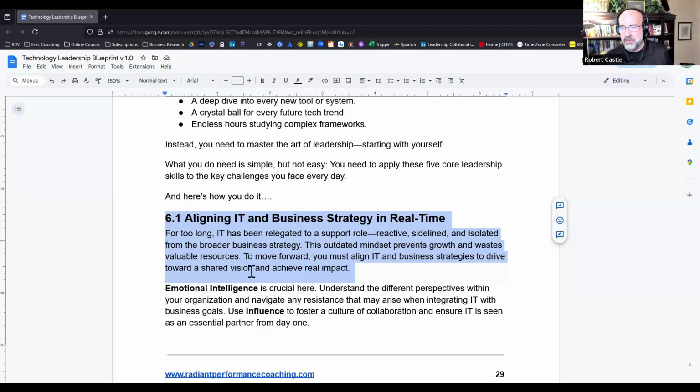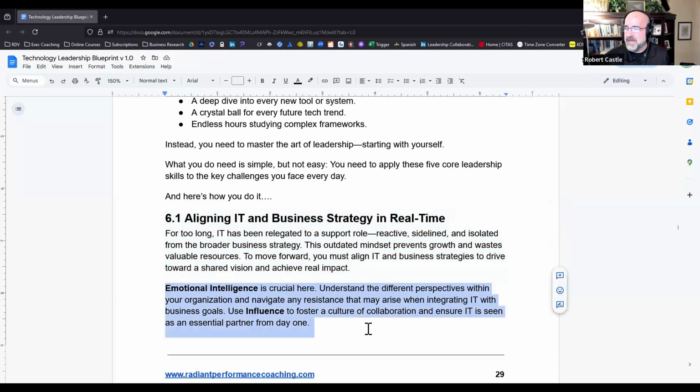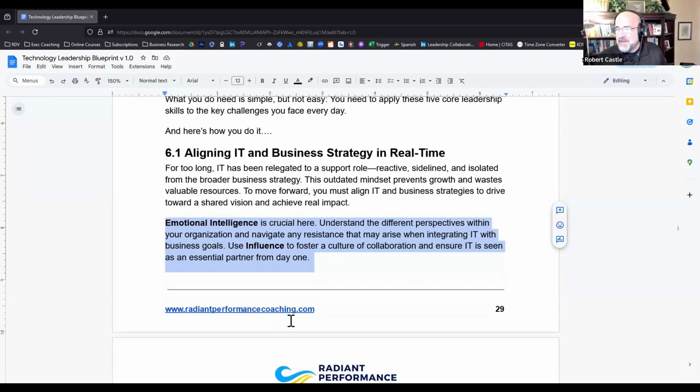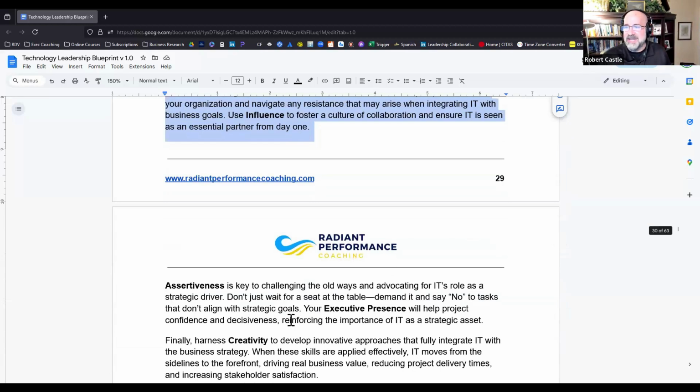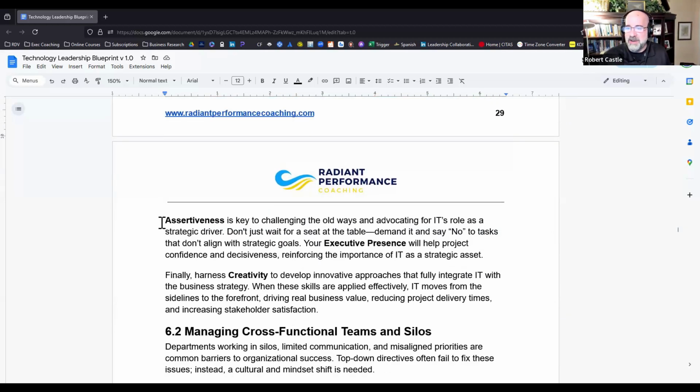Emotional intelligence is crucial here. Understand the different perspectives within your organization and navigate any resistance that may arise when integrating IT with business goals. Use influence to foster a culture of collaboration and ensure IT is seen as an essential partner from day one.